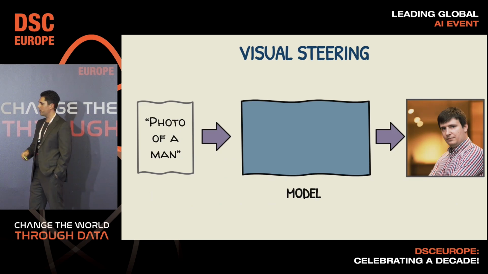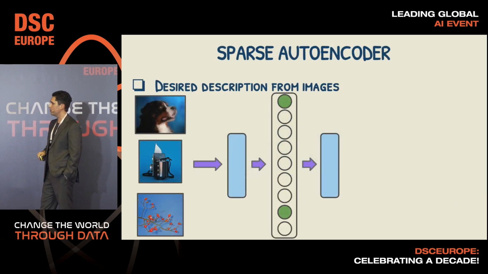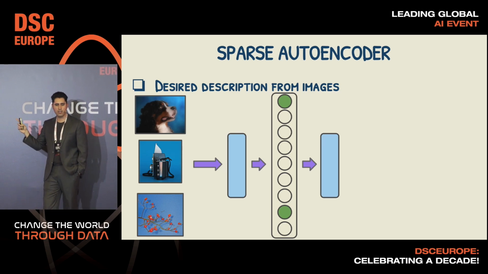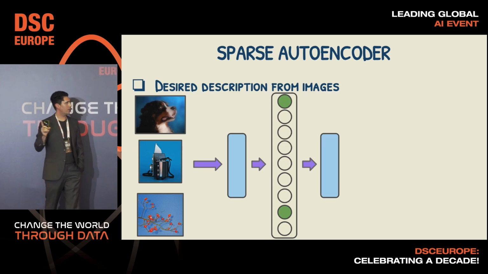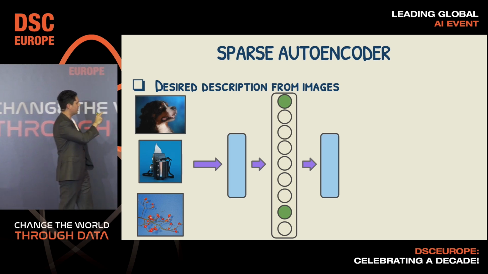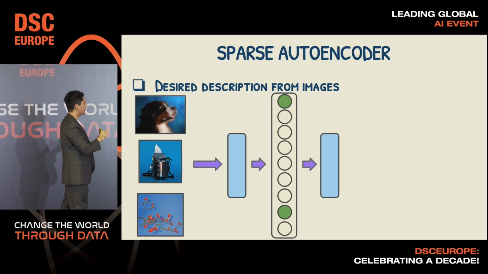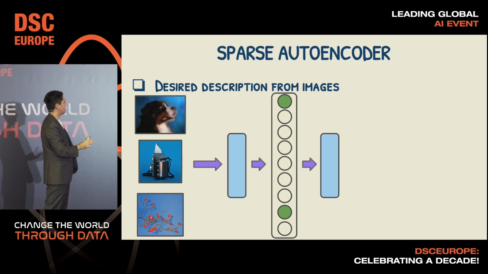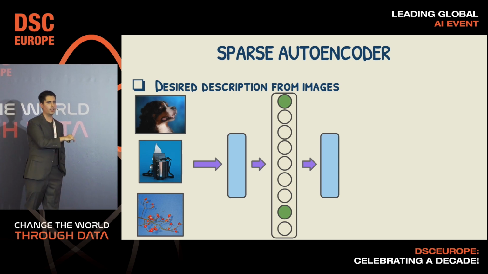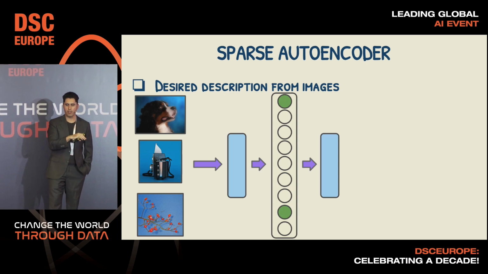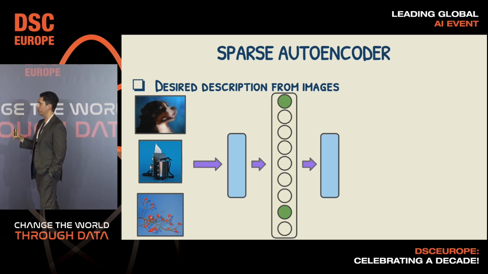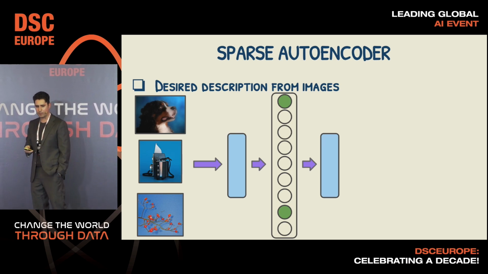So again, instead of just having this image of a man, what you can do is have a bunch of images that you would like to weigh the steering towards. So here we can see a bunch of images, and the theme that a human would take away from this is not that they're blue necessarily, but that they're all a blue background. And this is actually a real category from a real sparse autoencoder trained on CLIP embeddings.